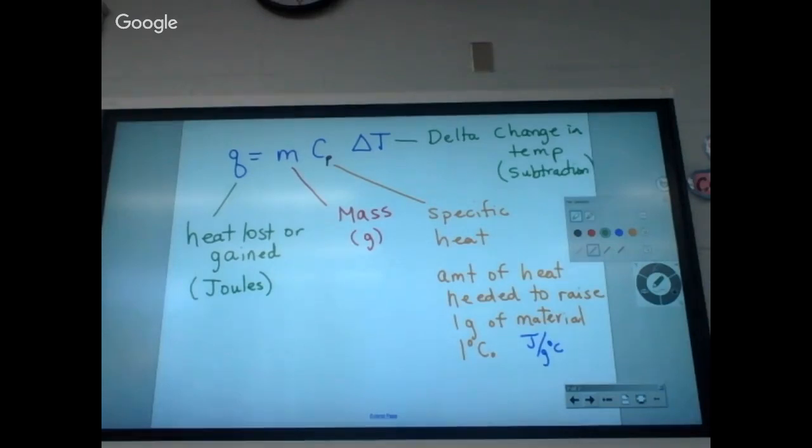So C and P go together in that it's one variable. You okay over there? 10 out of 10 here.